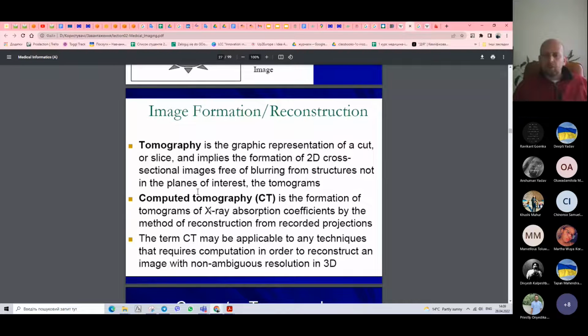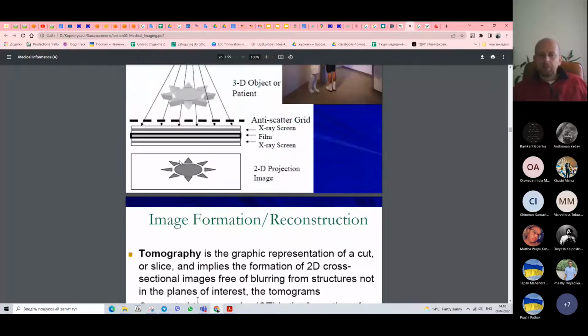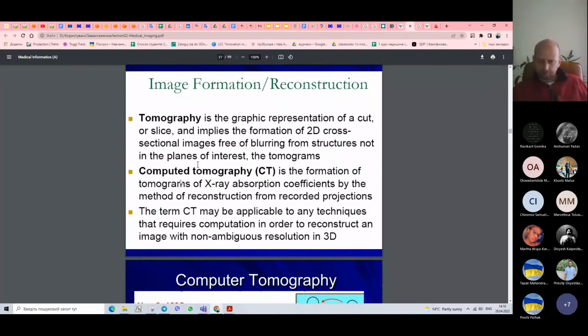Tomography is a graphic representation of a cut or slice and implies the formation of a 2D cross-sectional image, free of blurring from structures not in the plane of interest, the tomograms. Now we start talking about the same principle which is present in fluorography, also present in tomography and computer tomography.